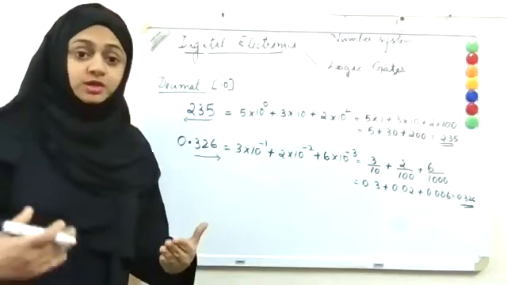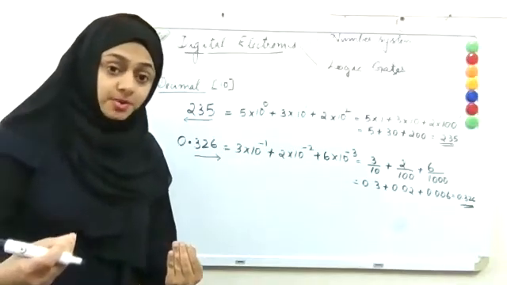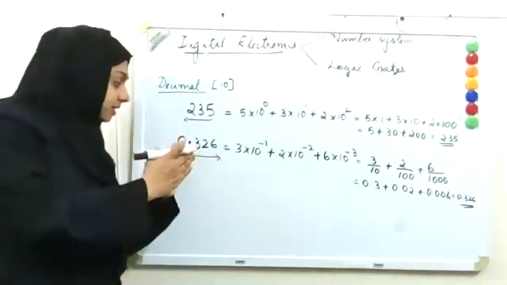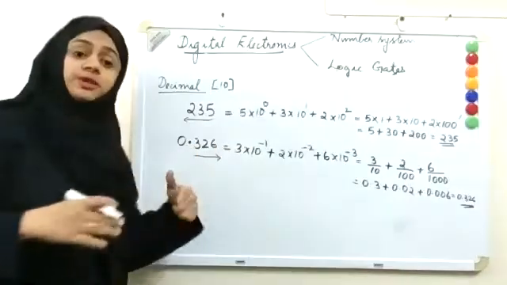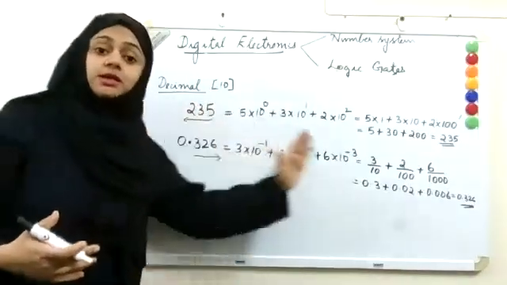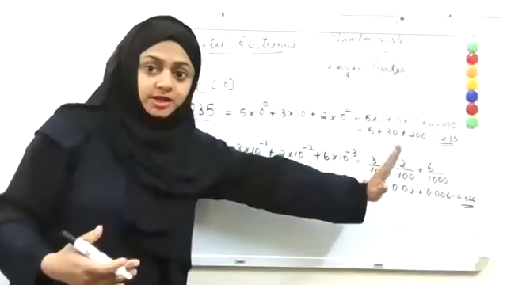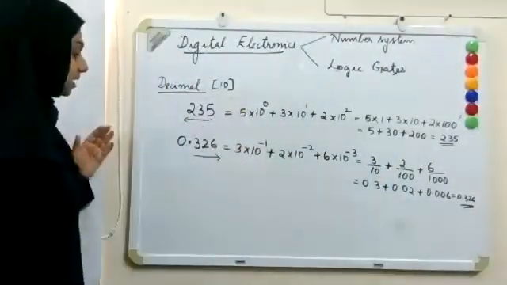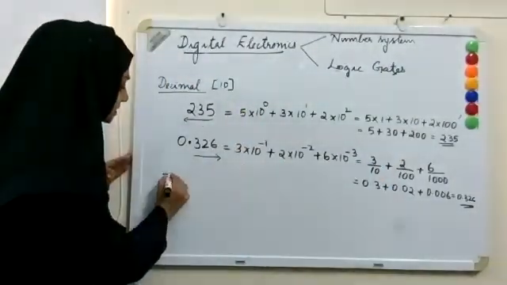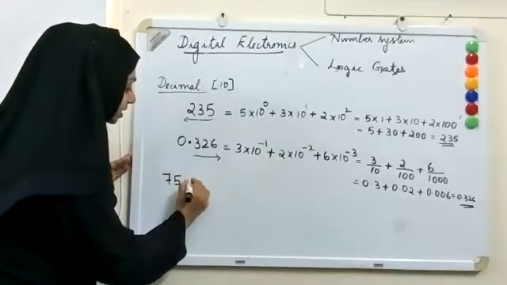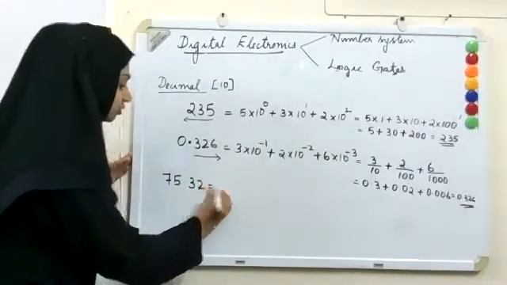So for the next one, I'm going to write a number with both the integer part and the decimal part. You will tell me how I can express it in this way. Let me take any number, for example, 75.32.